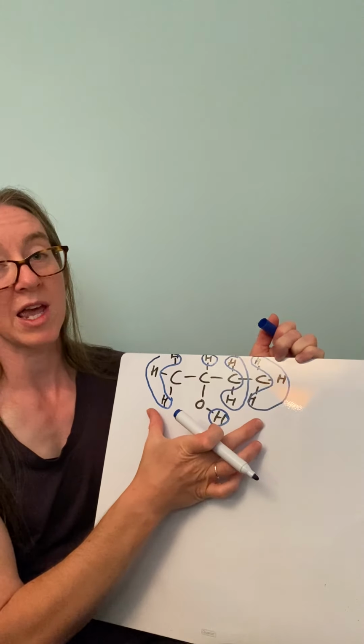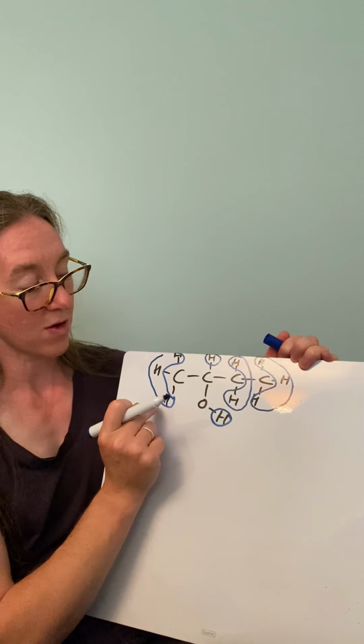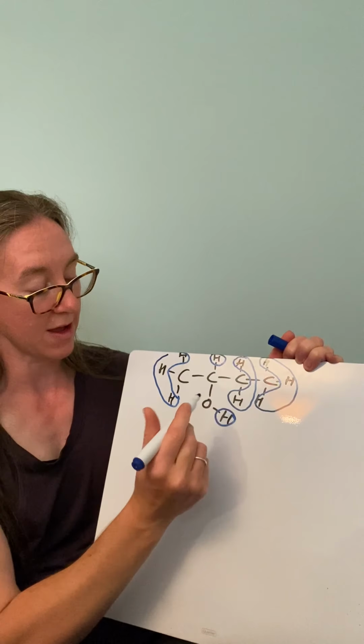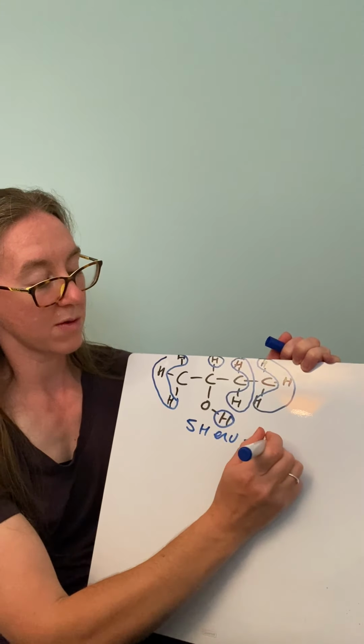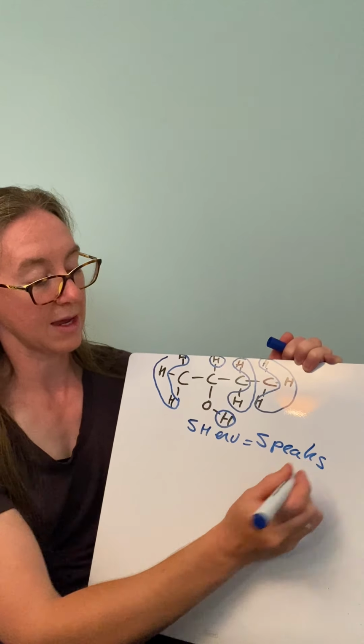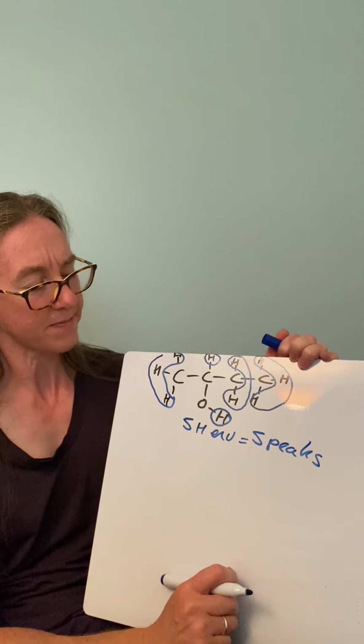So they're not the same environment. They've got different things next to them. So in this one, I've got 1, 2, 3, 4, 5 hydrogen environments. So therefore I would get 5 peaks on my spectrum. So that's quite nice and straightforward.